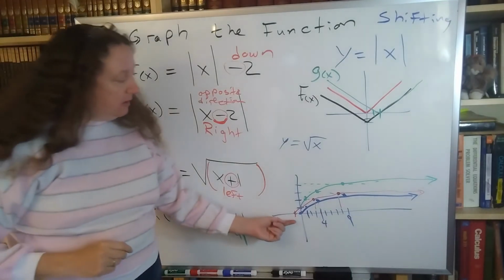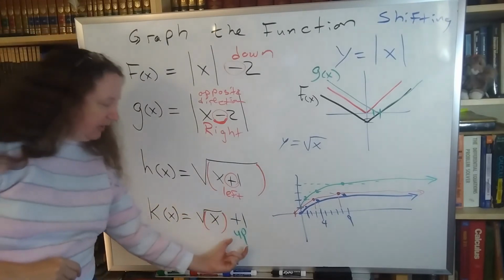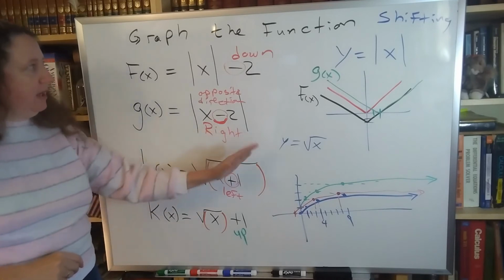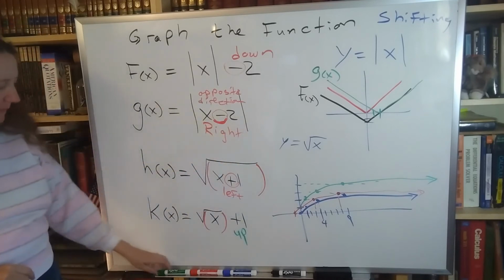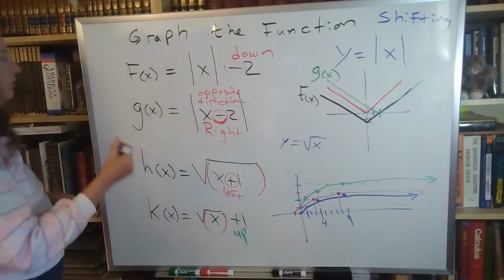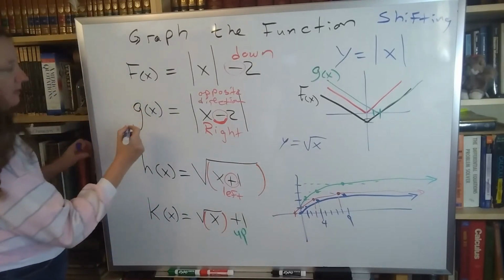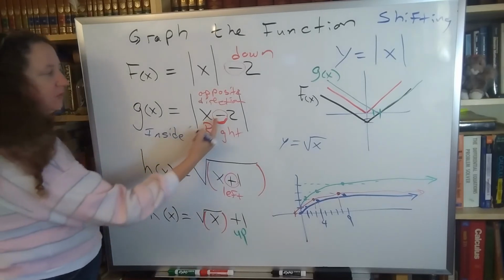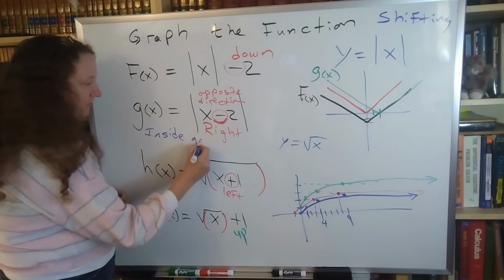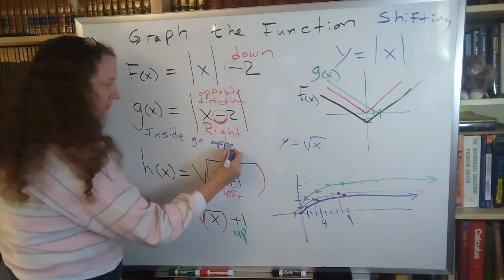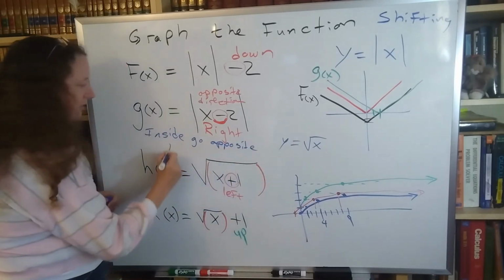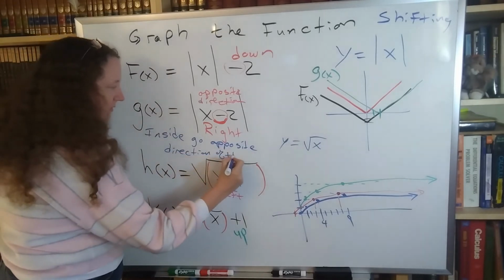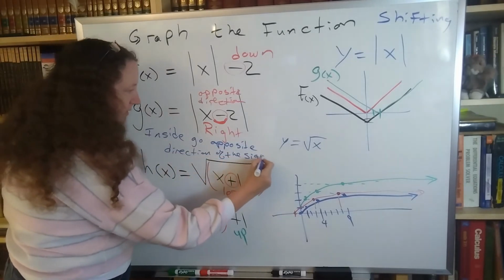So by knowing, is it inside, is it outside? Inside versus outside. You can decide which way to shift your graph. So inside, go the opposite direction of the sign, left or right.